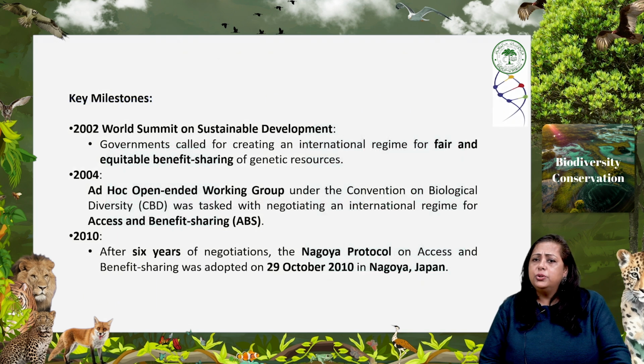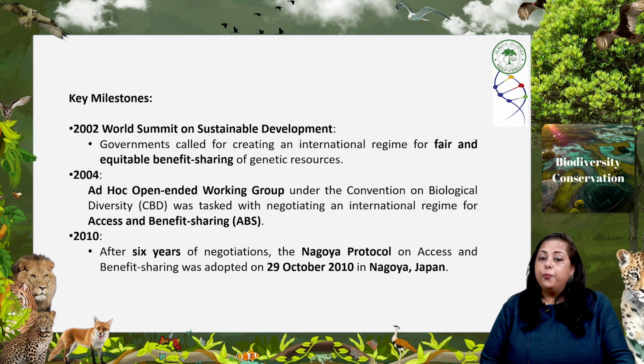Key milestones: the 2002 World Summit on Sustainable Development, where governments called for creating an international regime for fair and equitable benefit sharing of genetic resources. In 2004, an ad hoc open-ended working group under the Convention on Biological Diversity was tasked with negotiating an international regime for access and benefit sharing, also known as ABS.